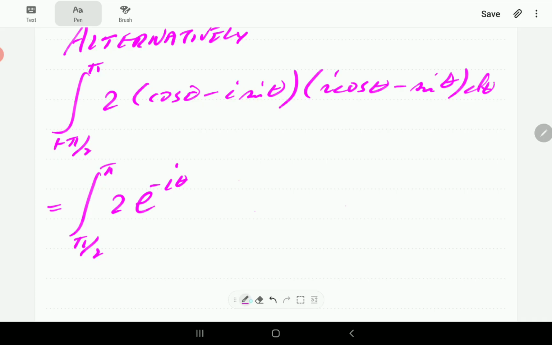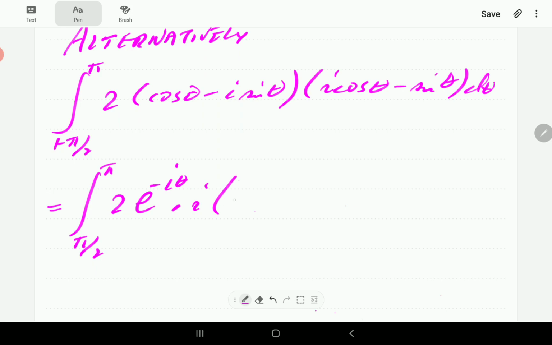This is convenient here if you are in the complex plane, because instead of dealing with two functions, we're only going to deal with one function. Then here we know that in Euler's formula, the i is always multiplying the sine, but here the i is multiplying the cosine. So we are going to factorize.